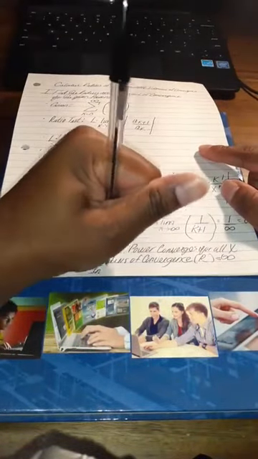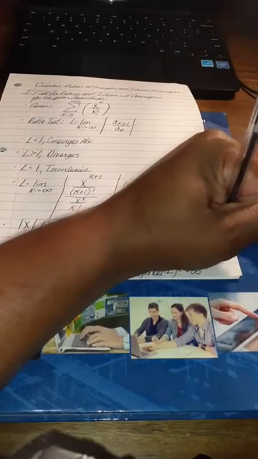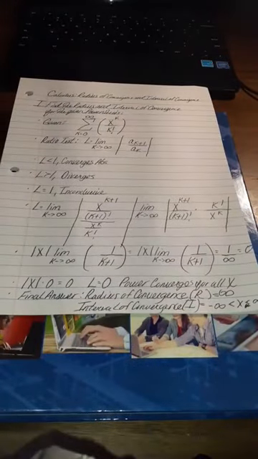The interval of convergence, which I'll just denote I, is just going to be negative infinity less than x less than infinity. And that would essentially be our radius of convergence and our interval of convergence.